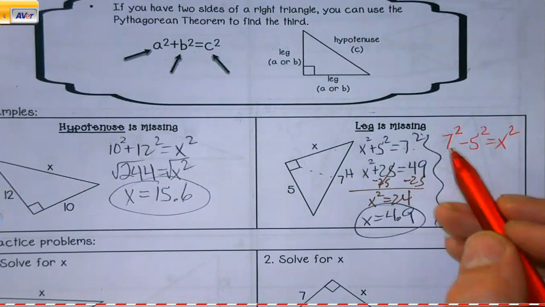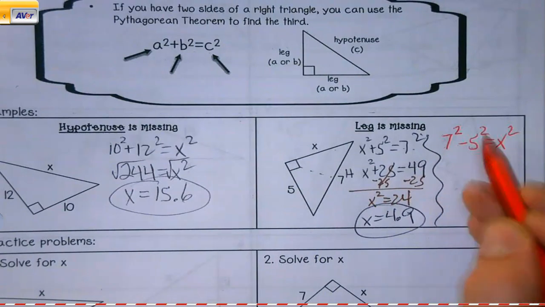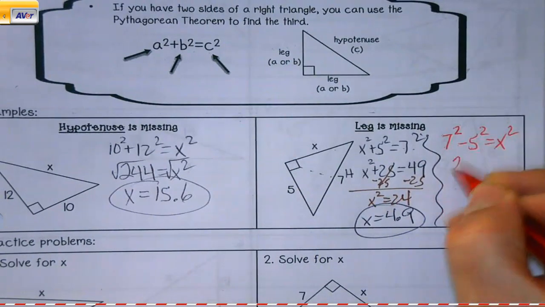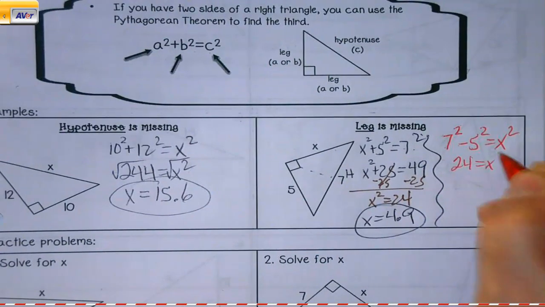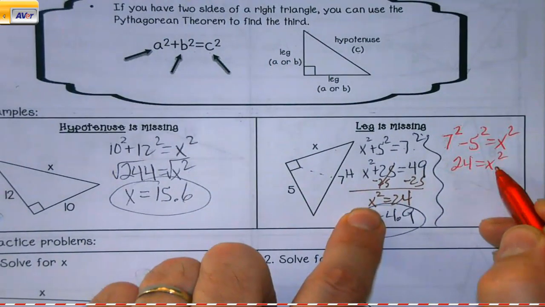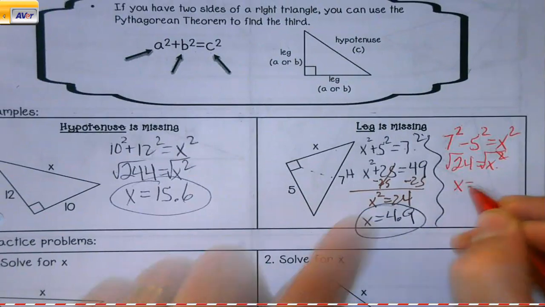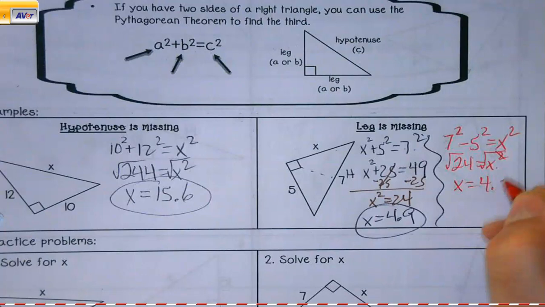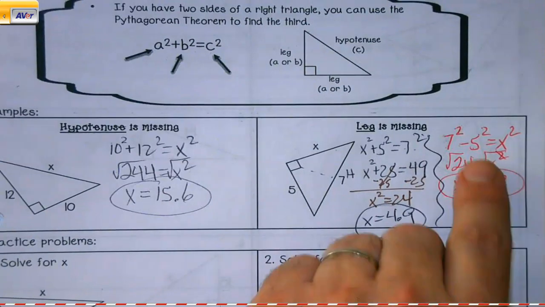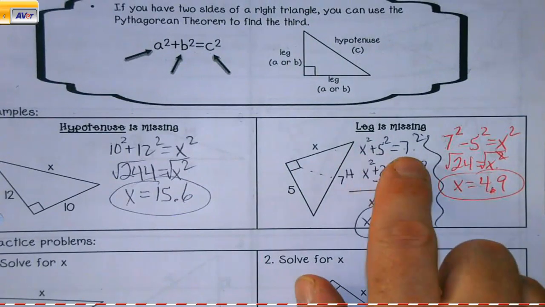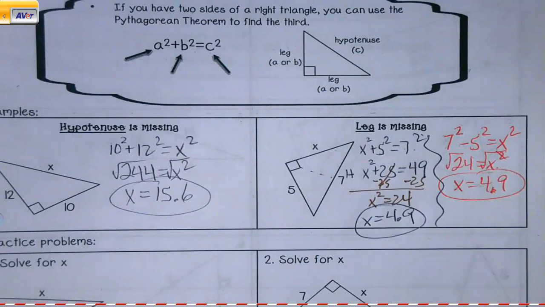Because if I type 7 squared minus 5 squared in my calculator, 49 minus 25 immediately gets me to 24. Okay, do you have to do the minus thing if it's the leg missing? No. You can still just put it in, a squared plus b squared equals c squared. Just remember it's the hypotenuse you're trying to get in there. They both work.